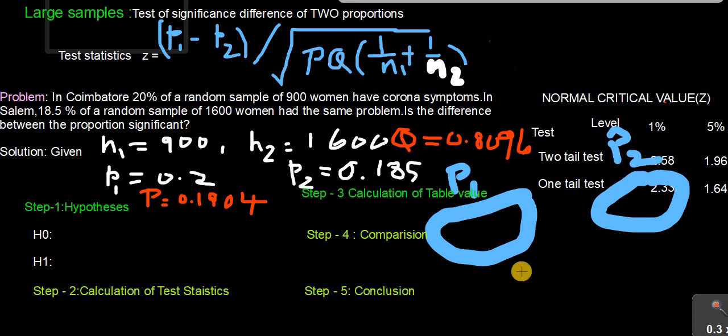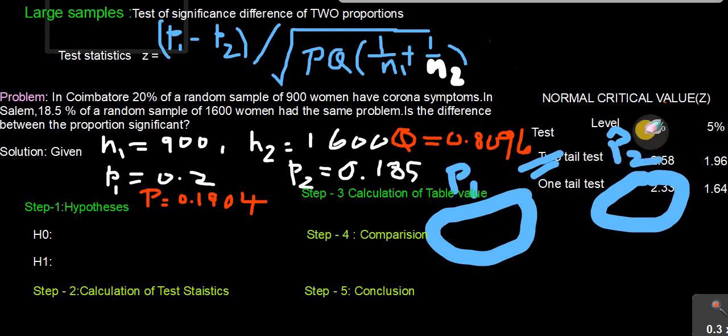Now I assume that there is no significant difference between the proportions in Coimbatore and in Salem. So both of them are two populations. Am I correct? So I am taking P1 as the population of Coimbatore and P2 as the population of Salem. Now I suppose that there is no significant difference between these two, therefore I am taking them as equal. So this is called the null hypothesis.